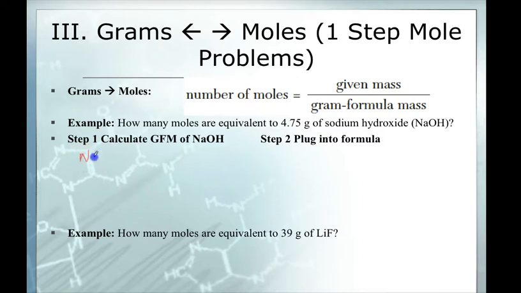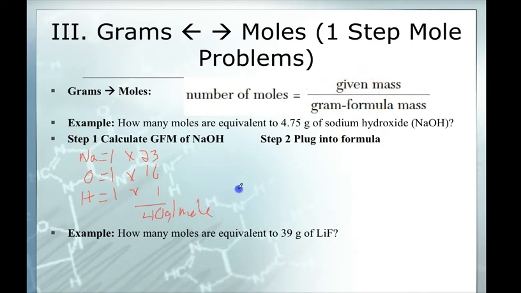We have sodium is Na, O, and H. You'll see that we have one of each, which makes it pretty simple. So that's 23, 16, 1, comes out to 40 exactly, 40 grams in a mole. So let's plug our numbers in.